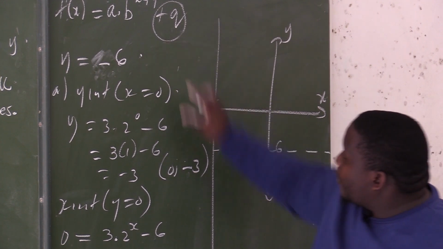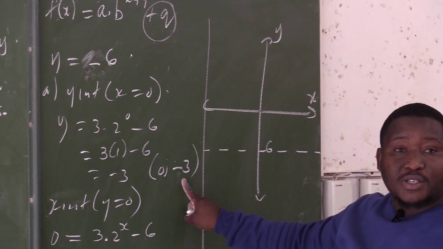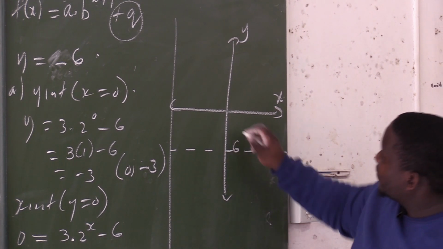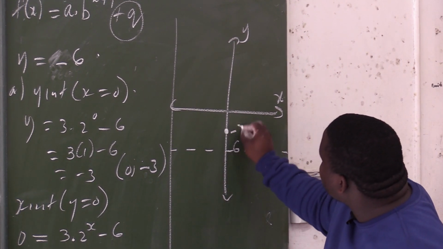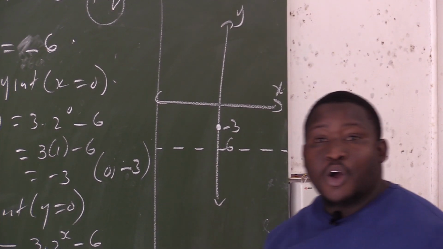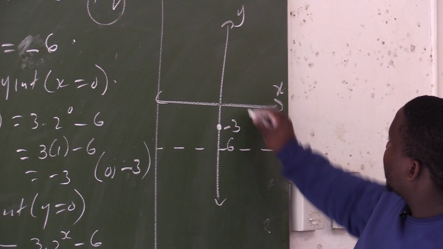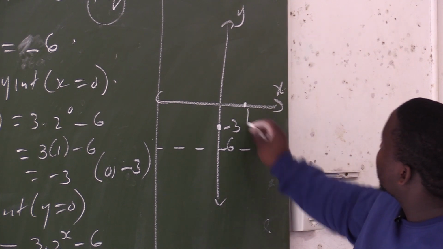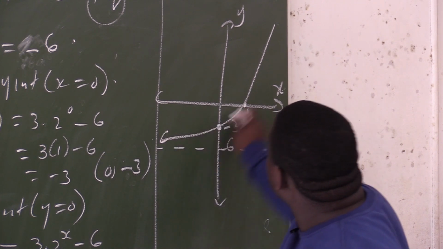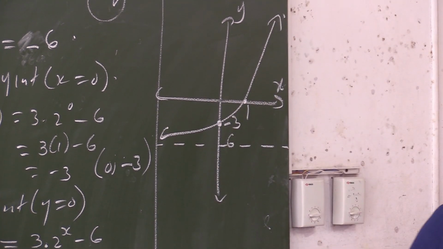After the asymptote, you plot the points. What is the first point that you plot? 0 and minus 3. If this is minus 6, minus 3 is above. So we can place a point here and say this one is minus 3. Then the other point will say what? 1 and 0. Where is 1 and 0? It could be somewhere here. Then it's a matter of joining these points. Then you have an exponential graph.